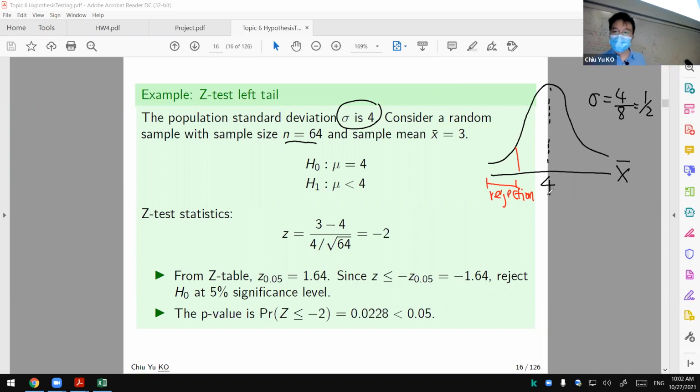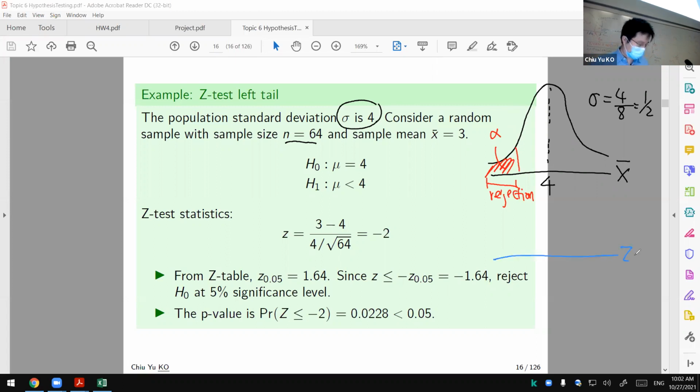So we want this rejection region, and the size of this is alpha. Of course, we can easily calculate this area because of computers nowadays, but we follow the tradition. We don't do this directly. We convert this to z.